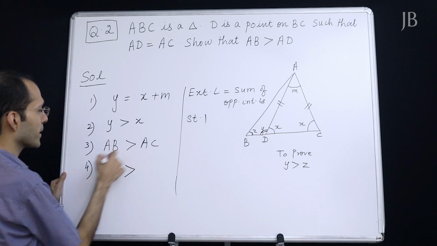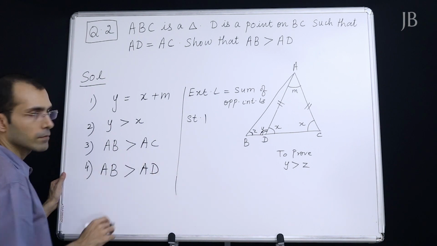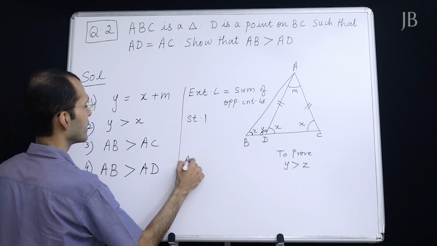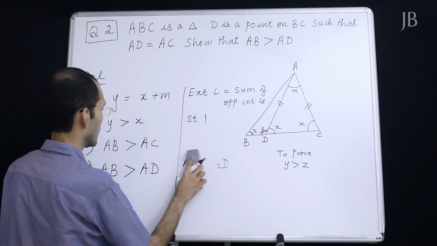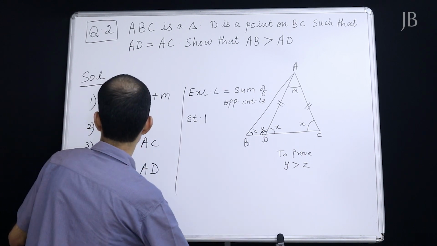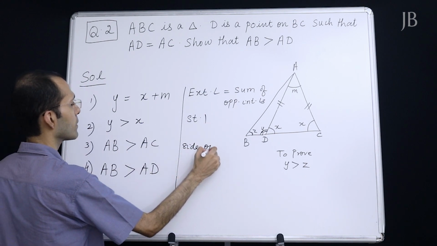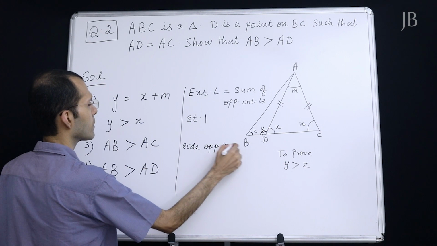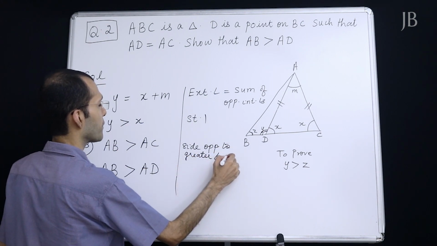So AB will be greater than, instead of AC we will write AD. Because AC equals AD. Here we will write the reason, side opposite to greater angle is greater.